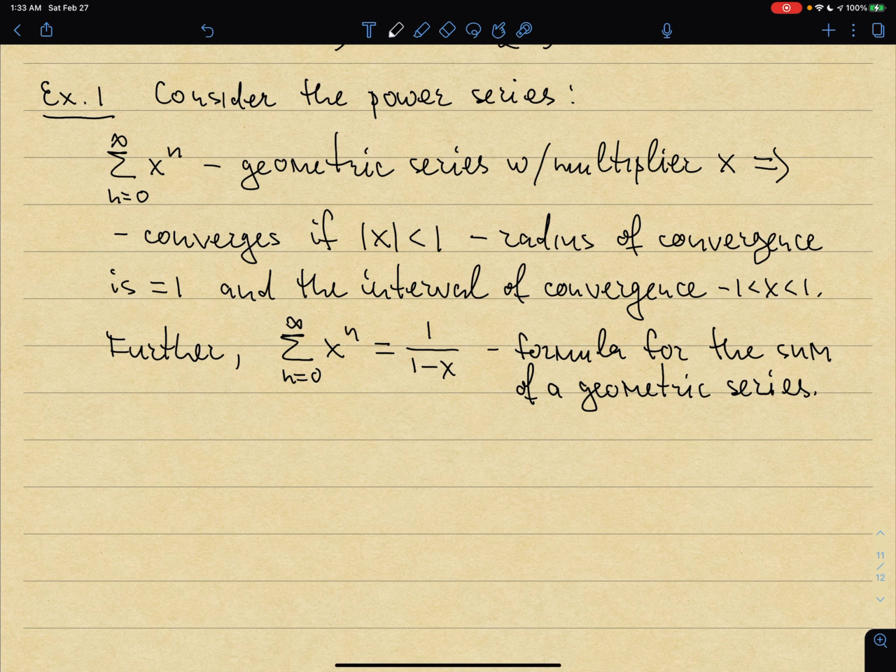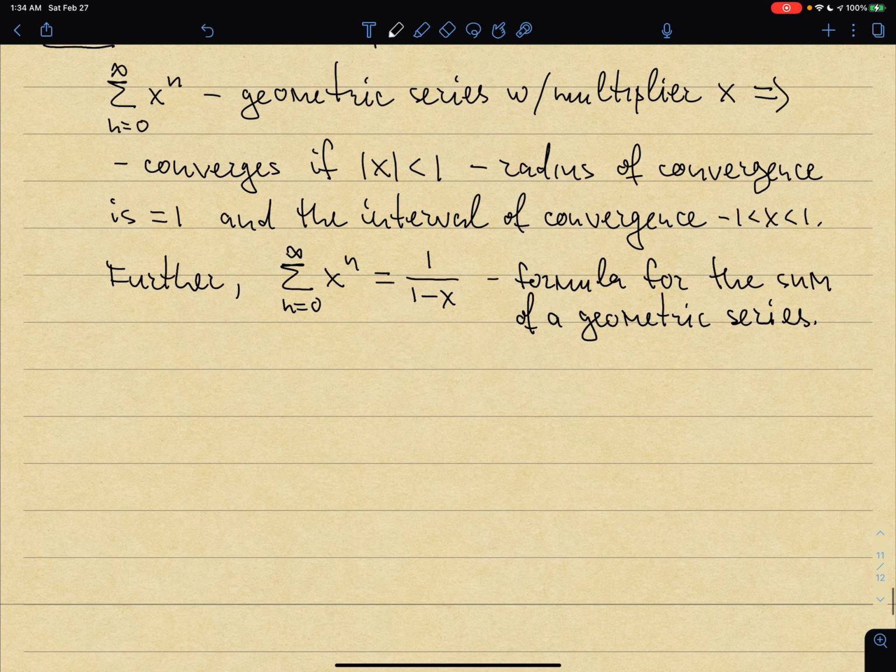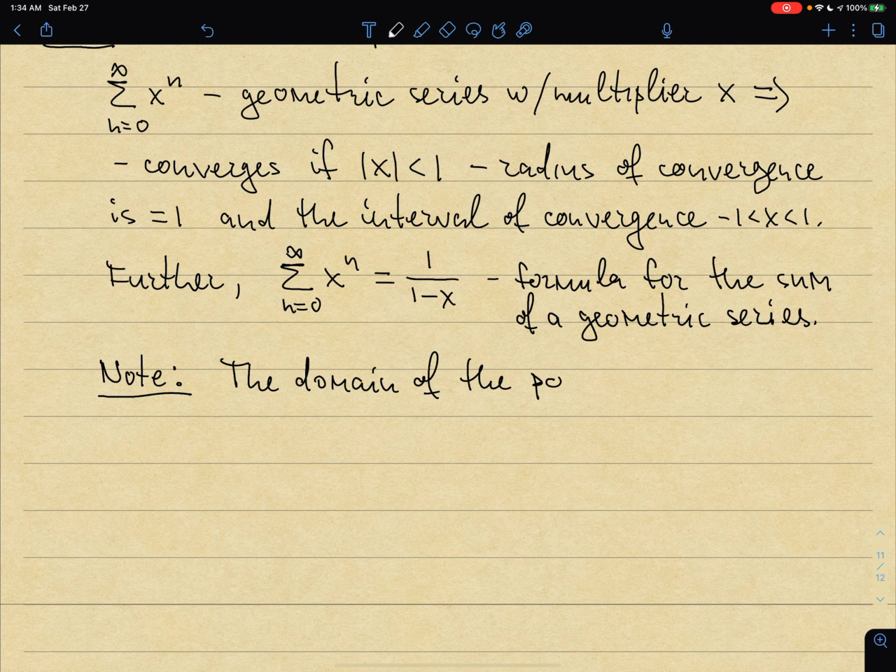And the interesting thing about this formula is, so let's write this as a note, the domain of the power series, again, is minus 1, 1, right?